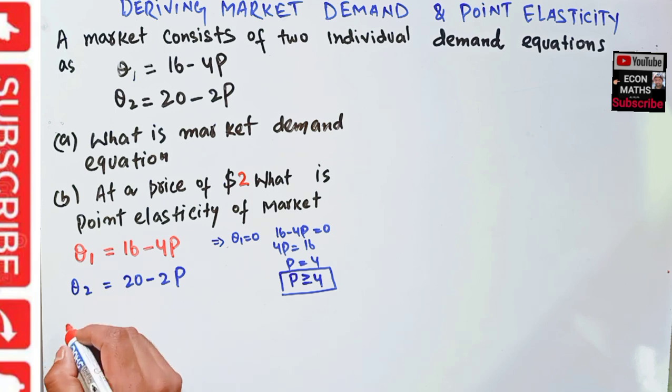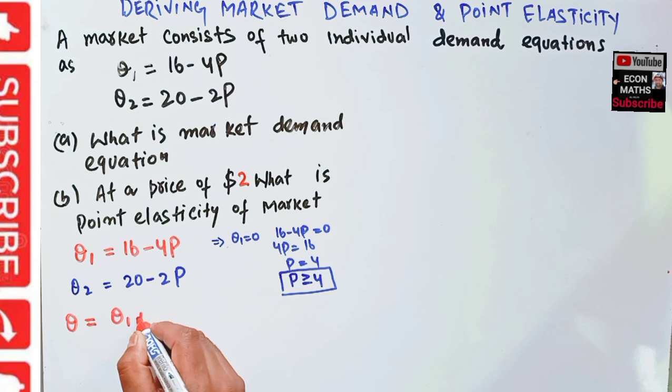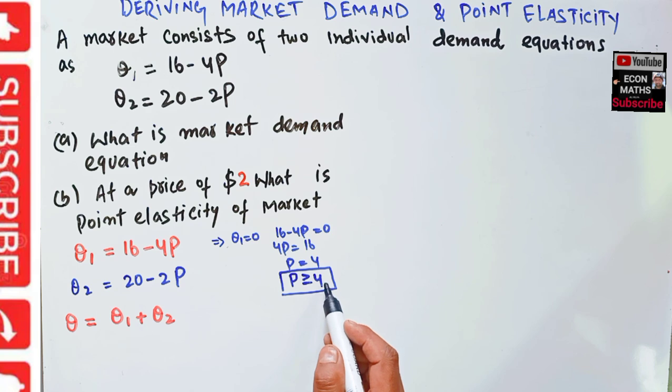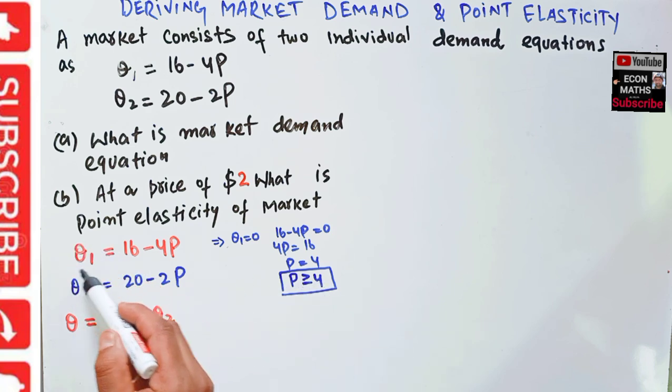Let's denote Q is equal to Q1 plus Q2. As I have told you, our market demand function will be, when price is greater than or equal to 4, Q1 will be equal to 0.